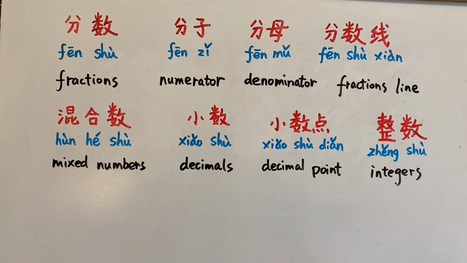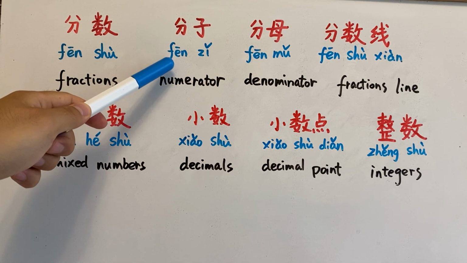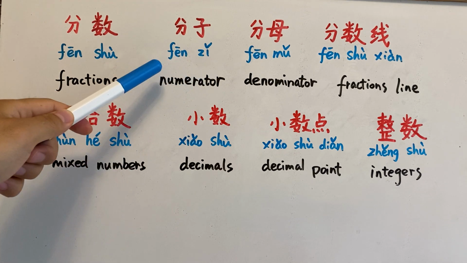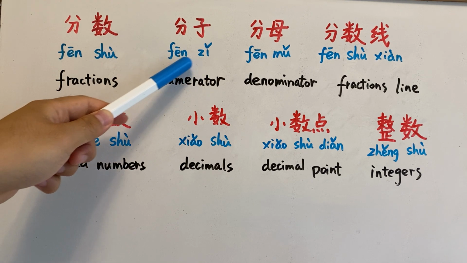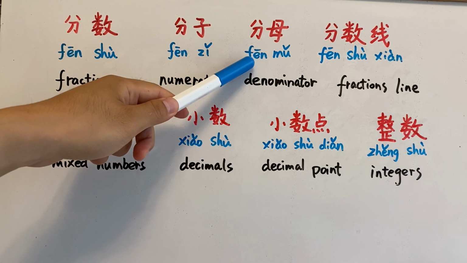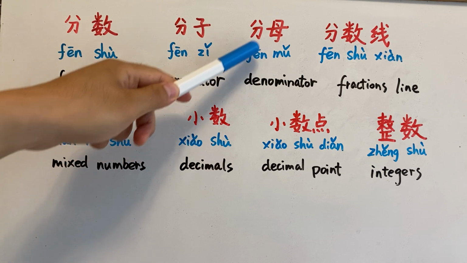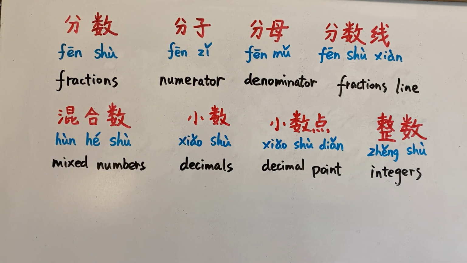And in fractions, we have numerators and denominators. Numerators is 分子 and denominators is 分母. This 母 in Chinese literally means mother.